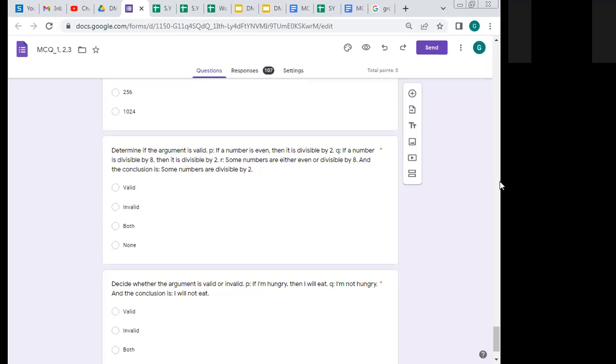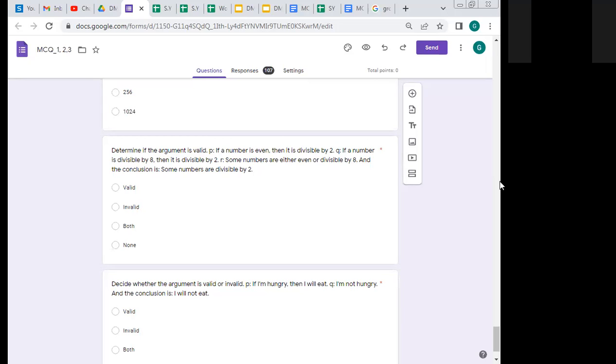If that comes true, then the statement is valid. If it doesn't, then it is invalid. That is the truth table method.